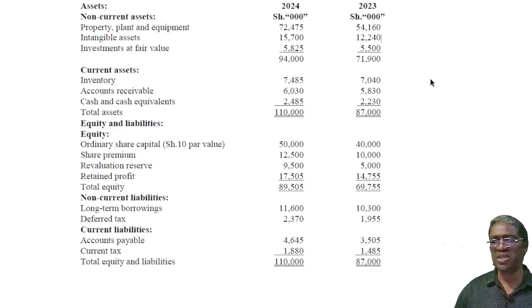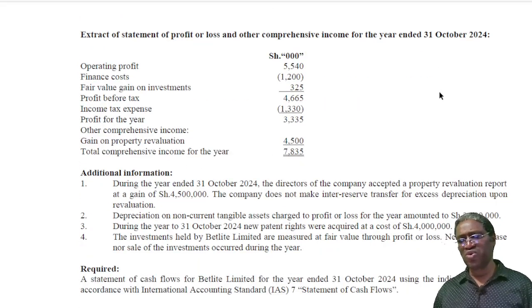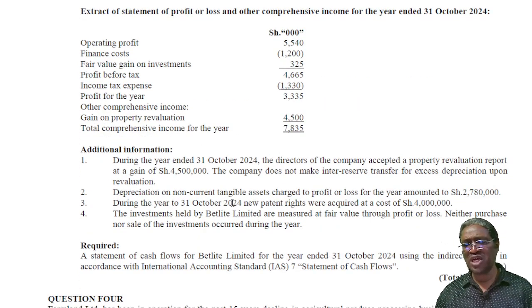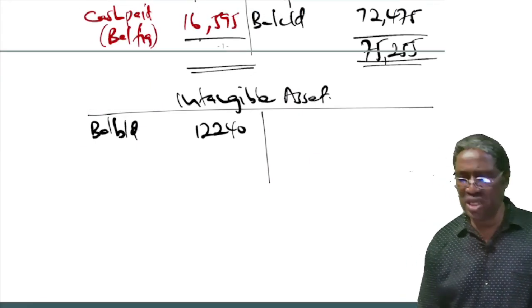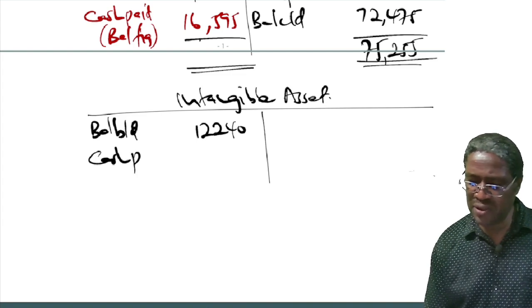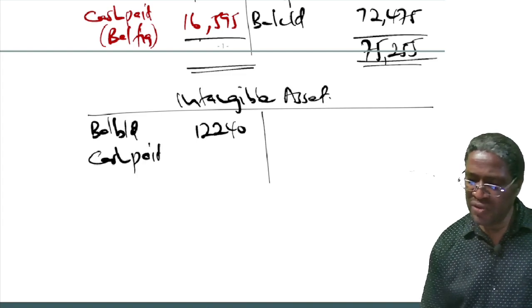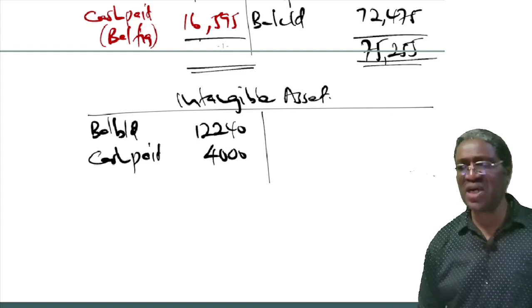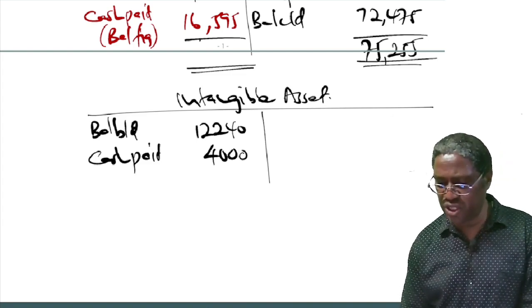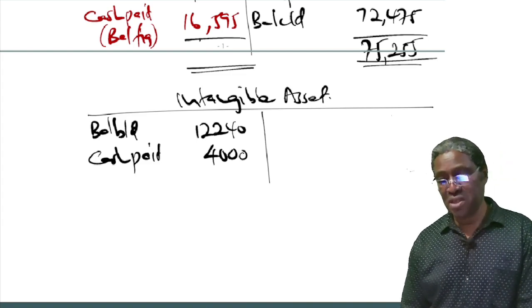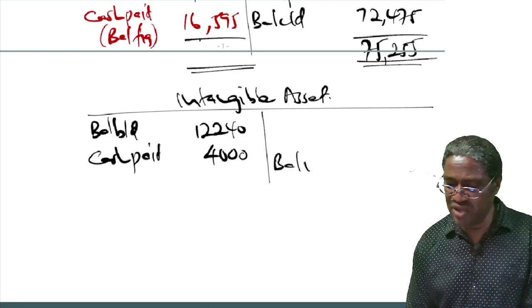Bring it down on the debit side. Then from there, we were told by note number 3 that we acquired a new one at a cost of 4 million. Good. So we debit. We acquired another one, so cash paid 4 million. Our figures are in thousands, so we put it as 4,000. Debit.